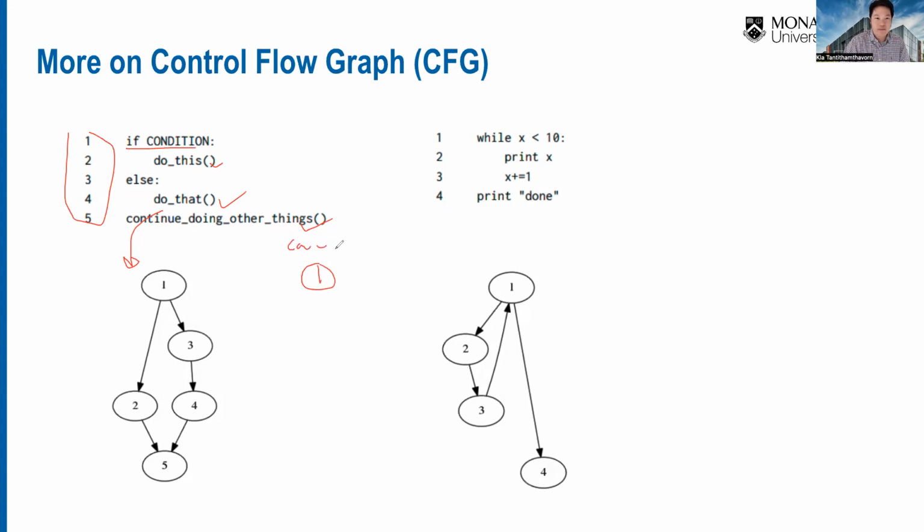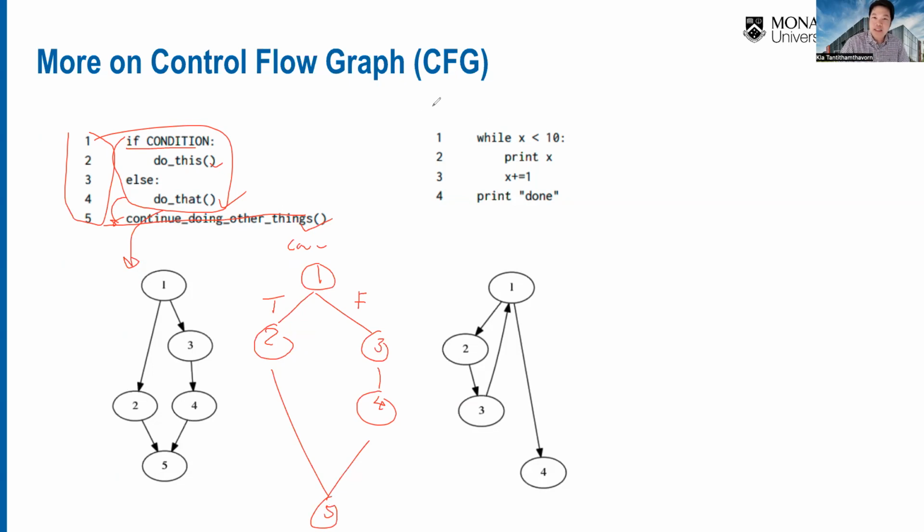Condition something, true, false, okay? True, then do this, which is line number 2. Otherwise, this is false, then go to line number 3 and do that, 4, okay? And 5 is after the if else condition, then we will come to 5 like that.